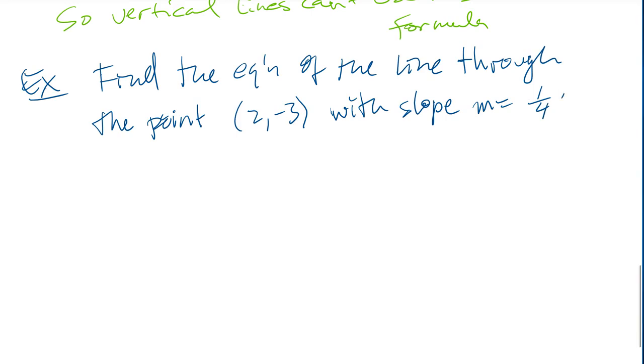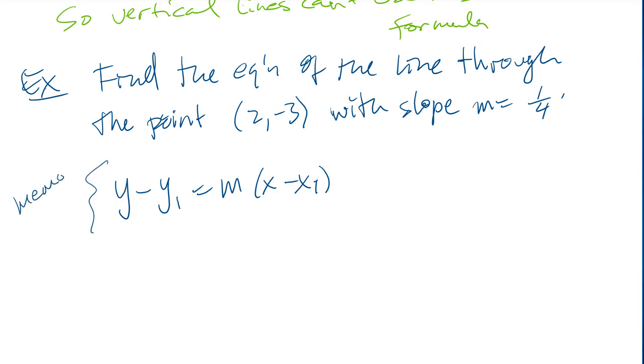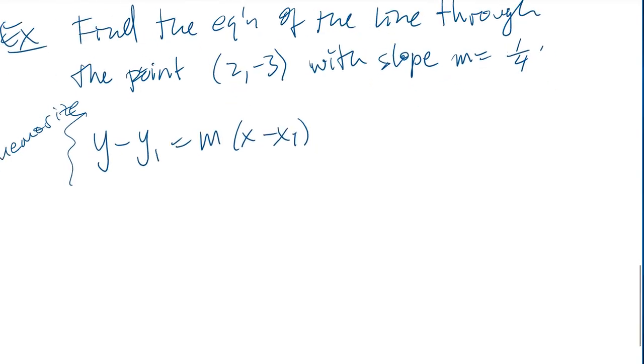So you just use your formula. I would recommend that you write this formula down every time you need it, because I want you to memorize this formula. I want you to memorize the slope one as well. There's only a few formulas in this class you have to memorize. That's one of them.